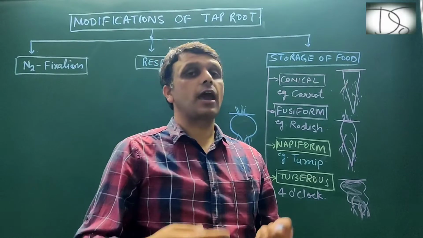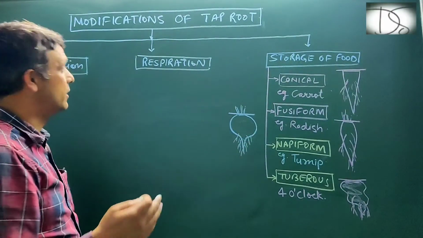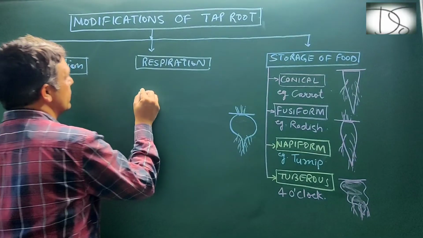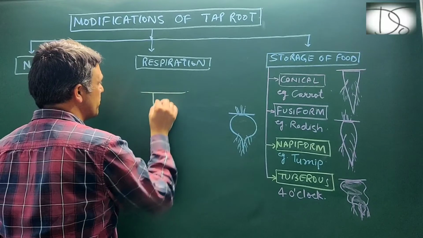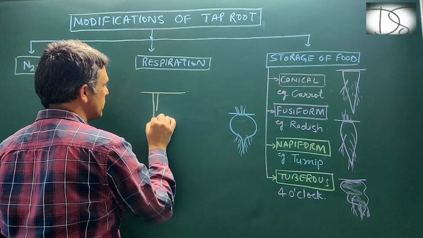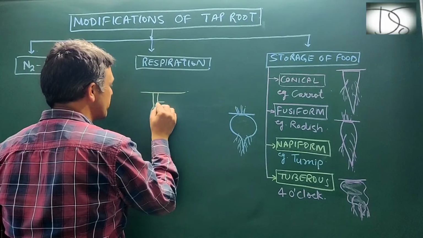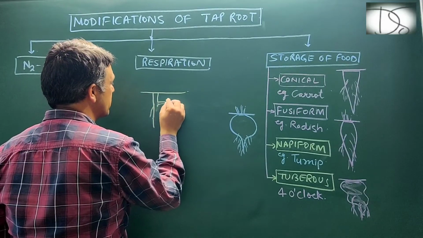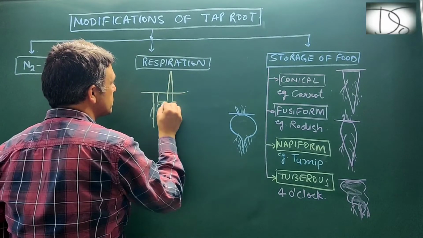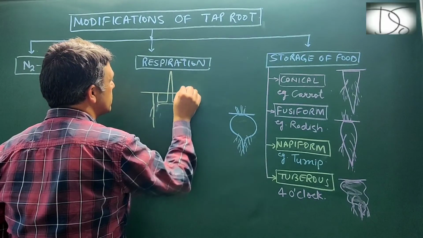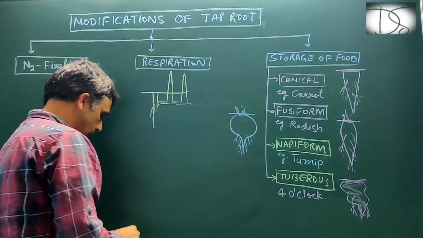In such a habitat, the roots grow in a negatively geotropic manner, and they come out of the ground. These are the normal taproots which are growing normally, and at some intervals these roots grow like this and come out of the ground, like this, for the exchange of gases.